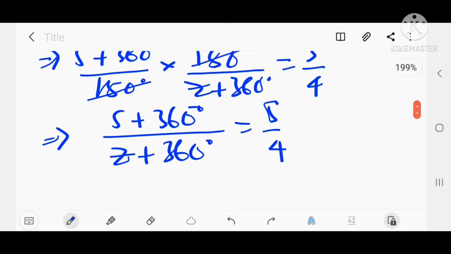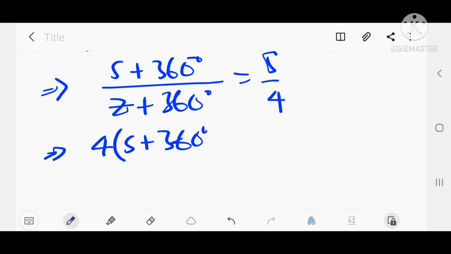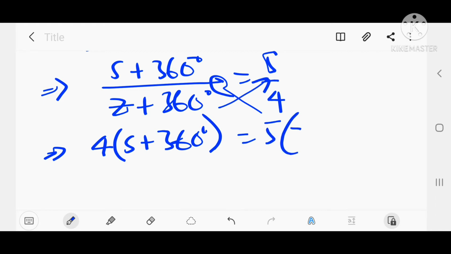We want to express the whole equation in terms of s and z, in the simplest form. So we cross multiply, another way of finding the LCM. We have 4 times (s plus 360) equals 5 times (z plus 360).